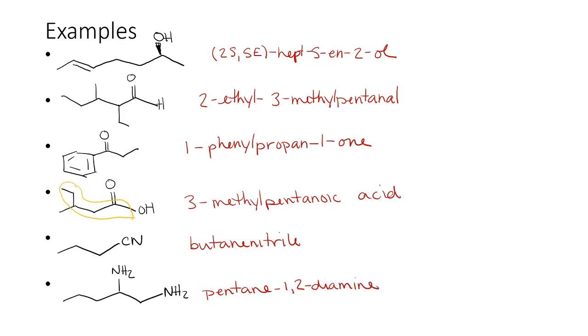So we have our amine functionalities, but we do have 2 of them, which is why we have the diamine. Also, please note that since we had a Greek prefix of di, we left the e on the pentane parent as well. So pentane 1,2-diamine.